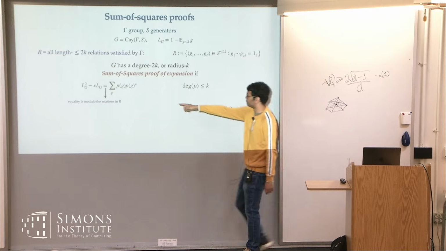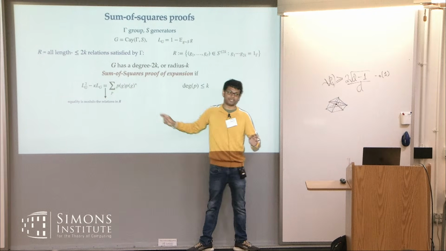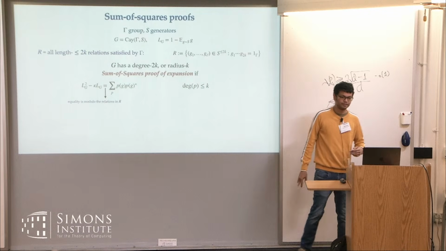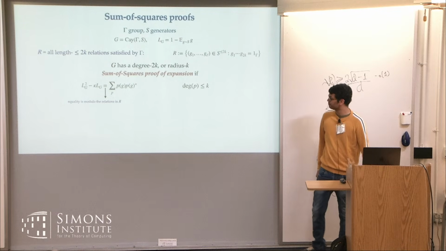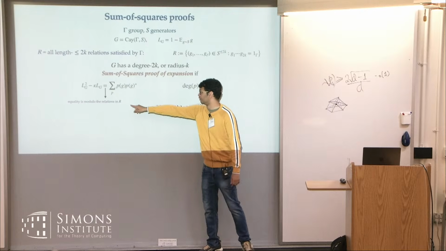So each of these terms here is symbolically PSD. No matter what matrices I plug in, I should see something PSD. But this equality is modulo the group relations.